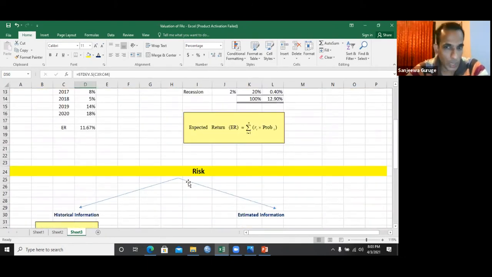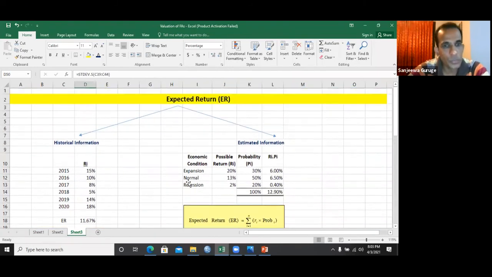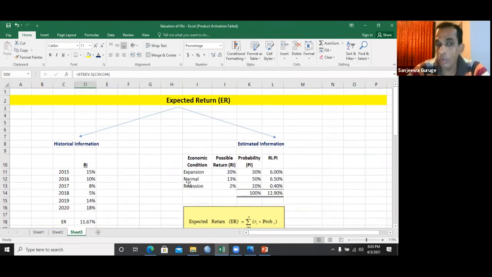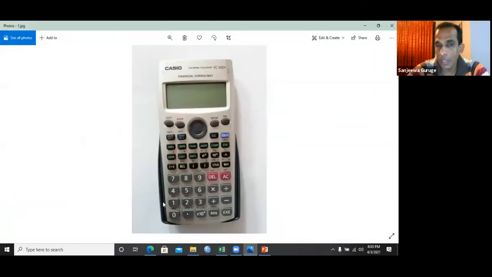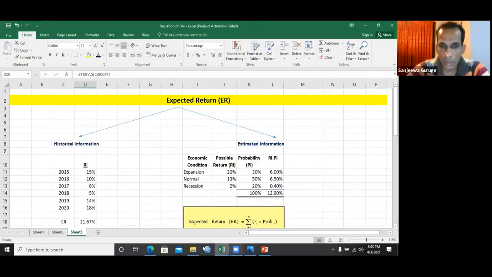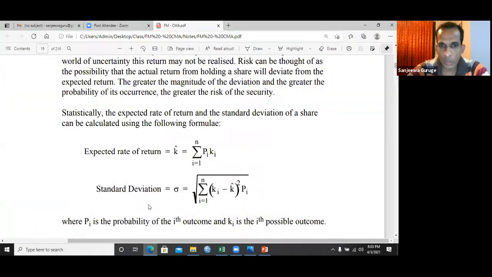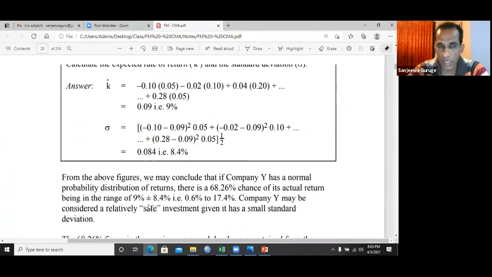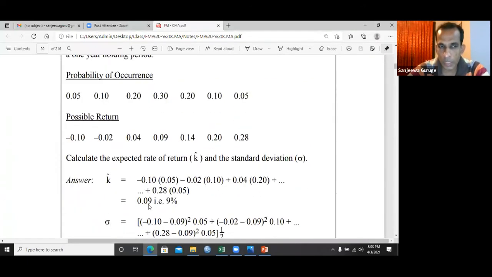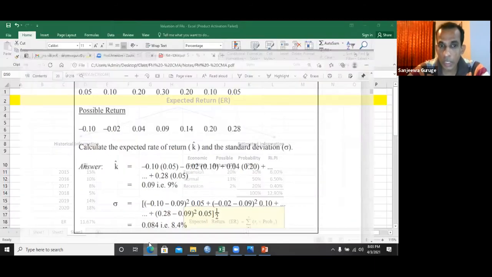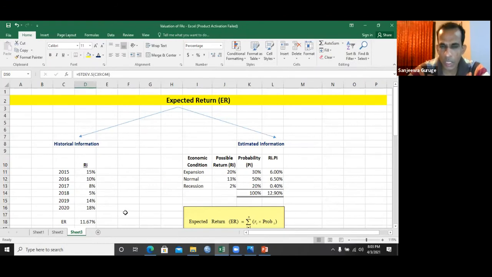But expected return and standard deviation you can calculate using the financial calculator, right? Because we saw some calculations in this study text with respect to the expected return and standard deviation. So we can do that using the financial calculator also. So we'll discuss this.